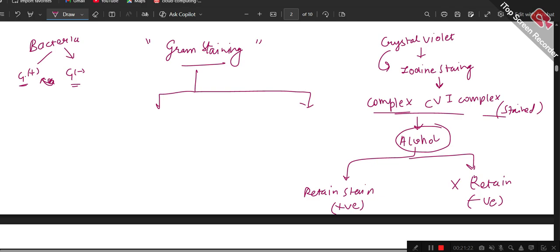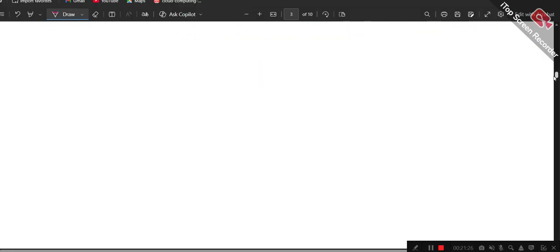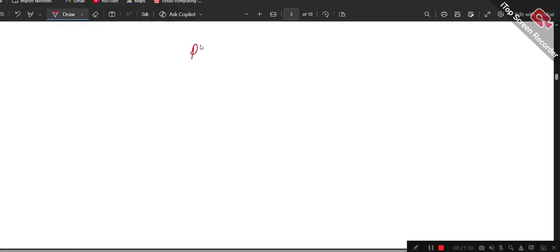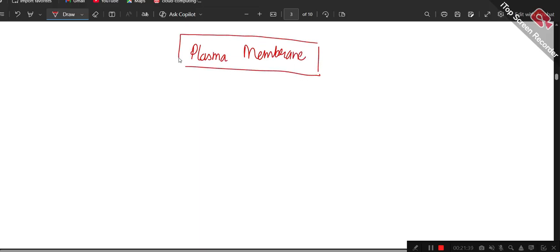Okay, so we were talking about plasma membrane. There is a very important concept on plasma membrane, related to its structure, which we are going to take in detail in eukaryotes only.